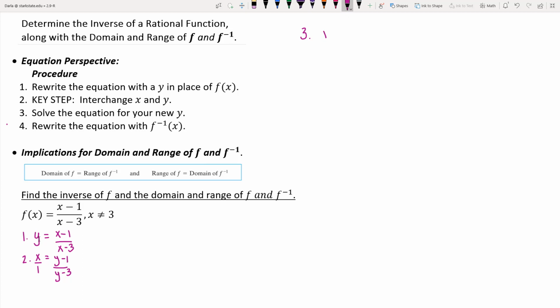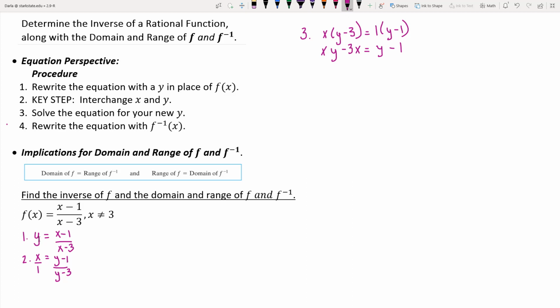And so you would get x times (y minus 3). And then the other diagonal is 1 times (y minus 1), and those are set equal to each other, and you're going to go ahead and distribute. So this is xy minus 3x equals 1y minus 1.